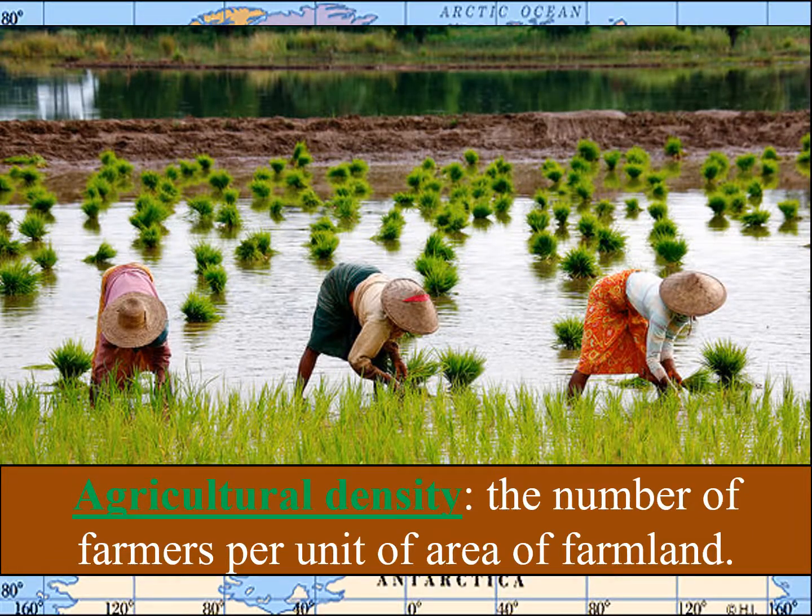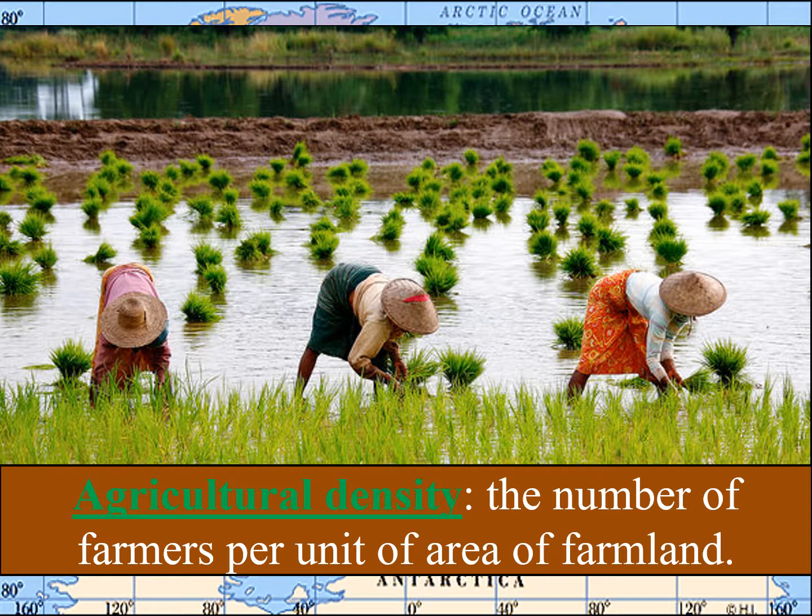The third type of density is known as agricultural density, and this is the number of farmers per unit of area of farmland. So now, instead of looking at the entire population, we're just looking at the number of farmers divided by the amount of arable land. And just looking at this number can tell you how developed a country is or not.